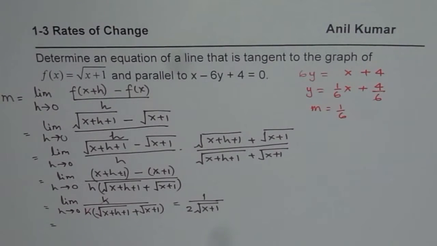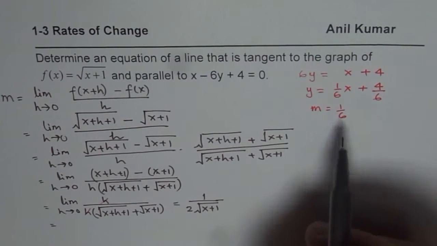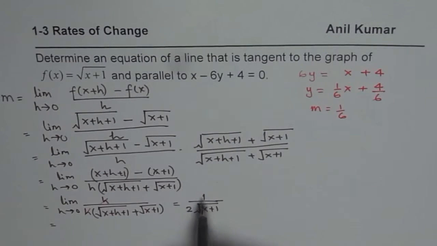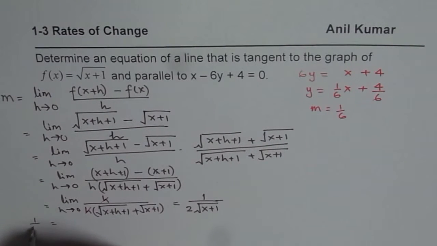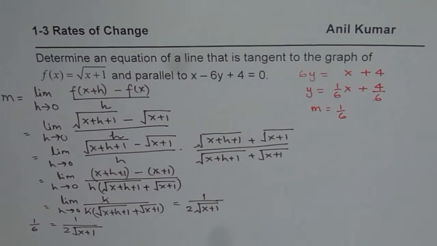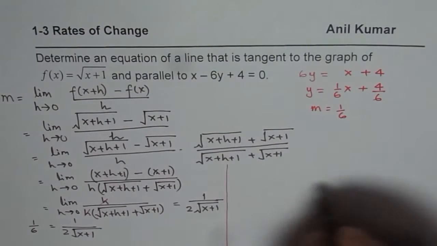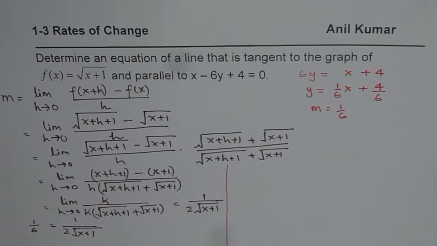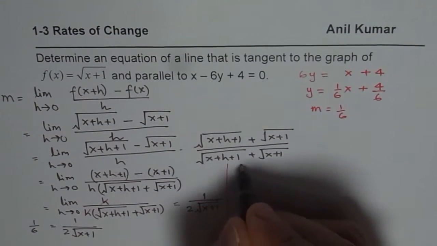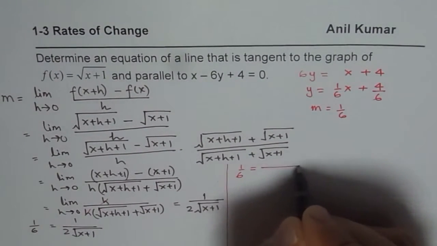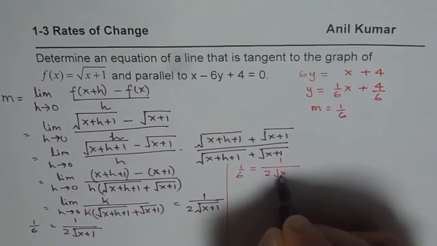Now we need to find a point where the slope is 1 over 6. That means the slope m should be 1 over 6, so we equate 1 over 6 to 1 over 2 square root of x plus 1. That is the equation we need to solve to get the point.